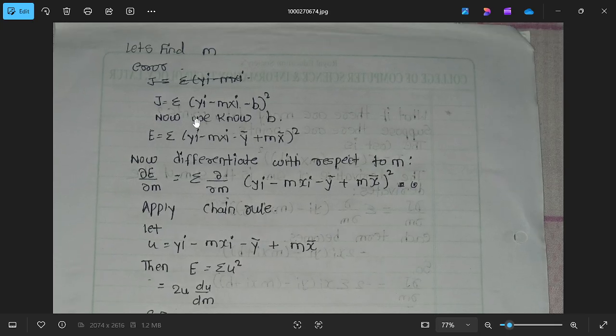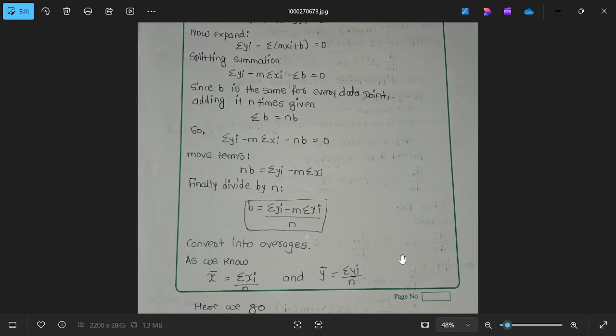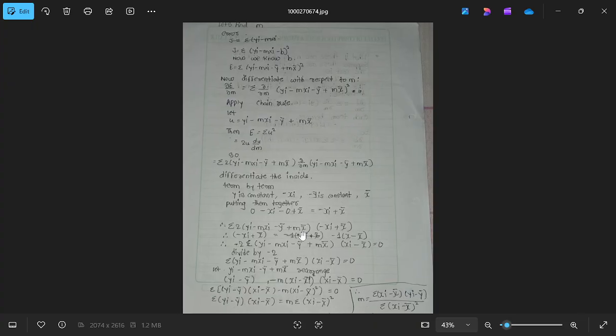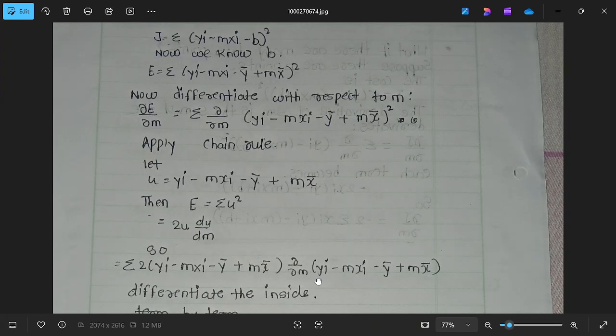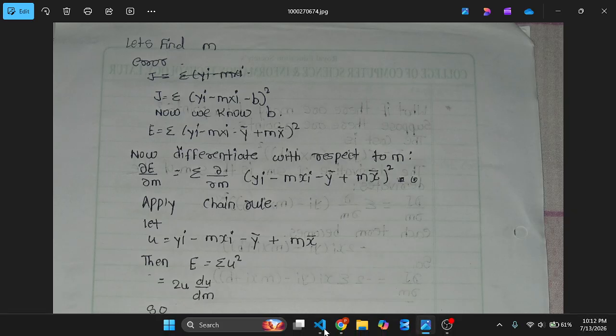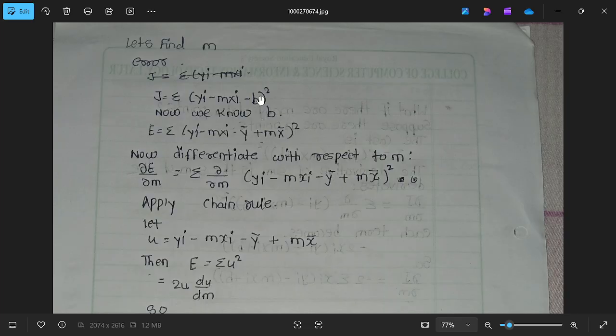Now we know the value of b, as we derived it there, that is y bar minus m x bar. So we are simply going to put y bar minus m x bar into this b, so our error becomes this.